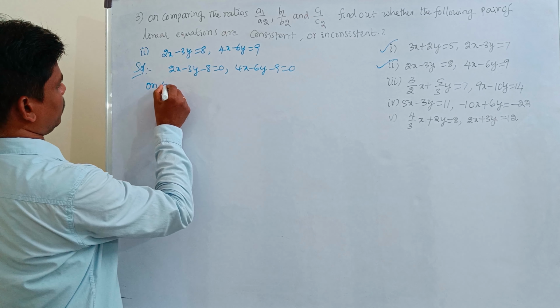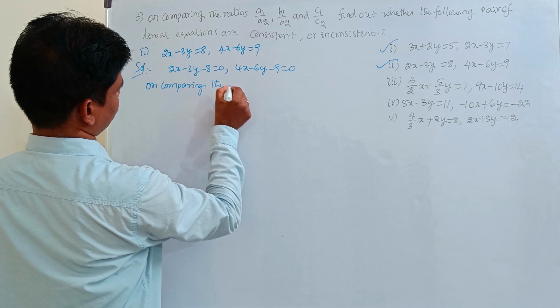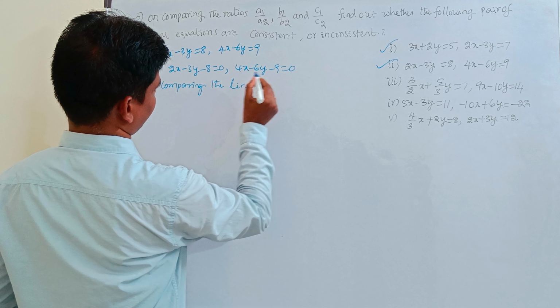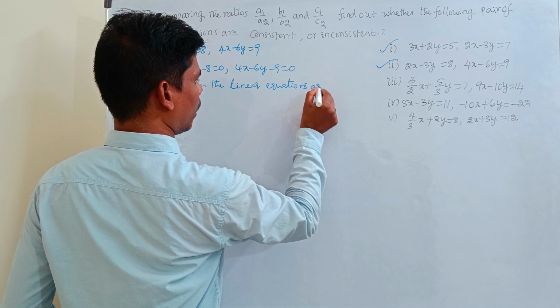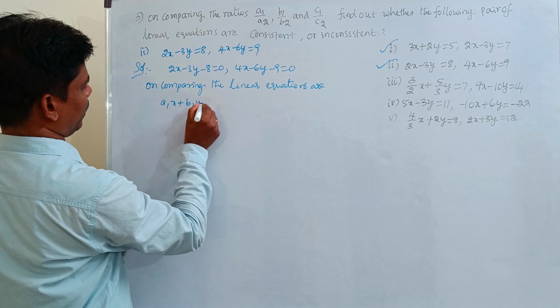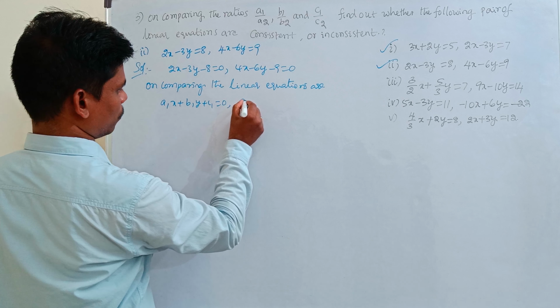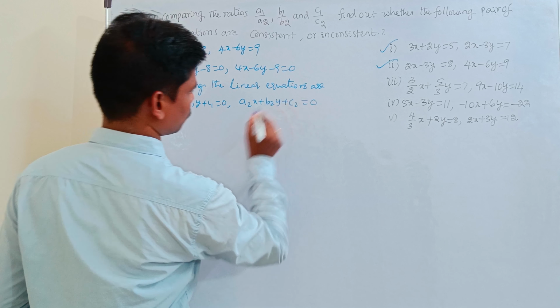So on comparing, the linear equations are a1x plus b1y plus c1 is equal to 0 and a2x plus b2y plus c2 is equal to 0.